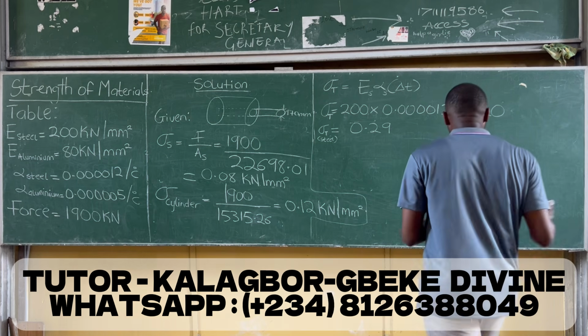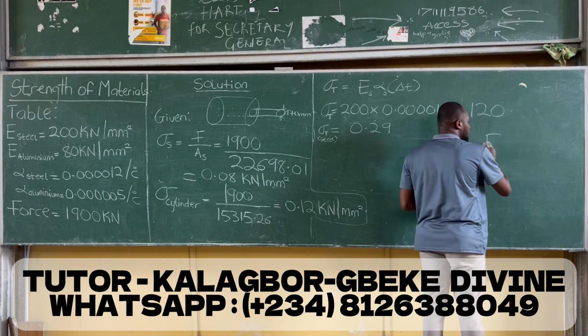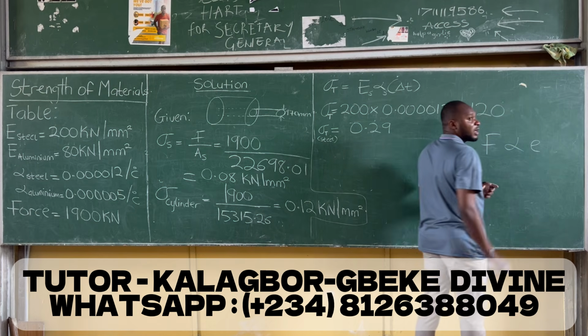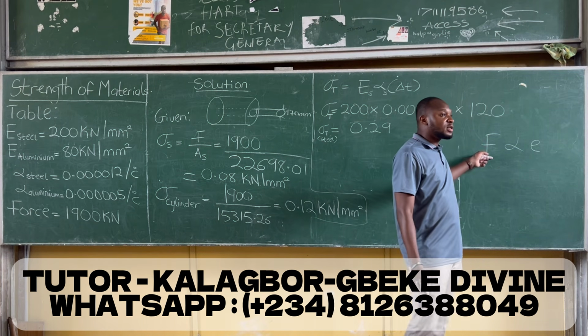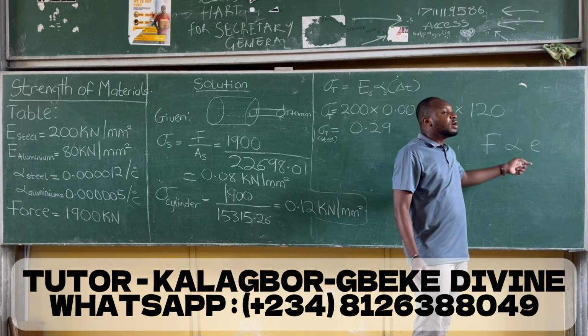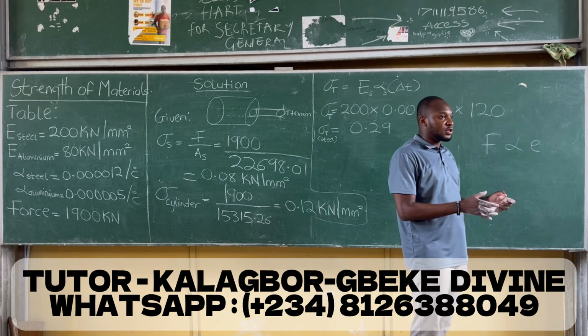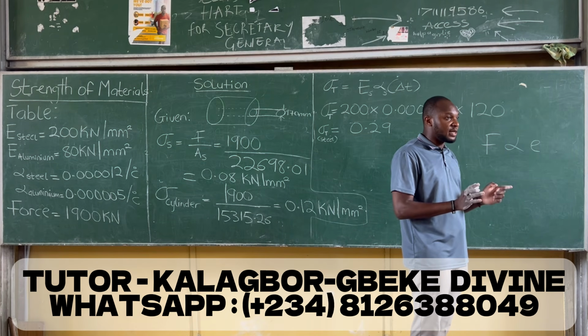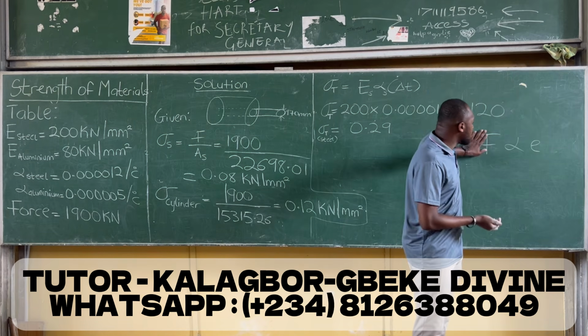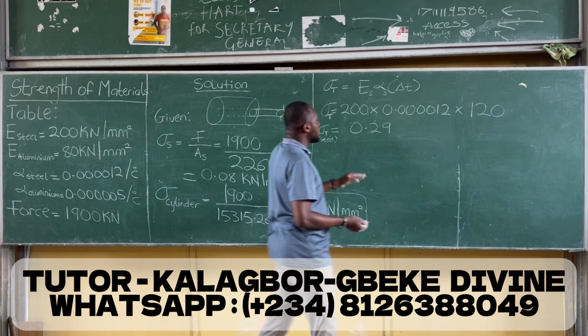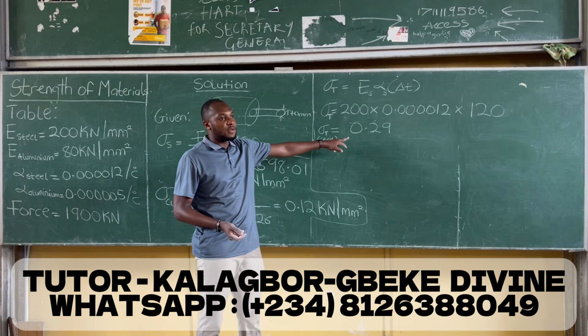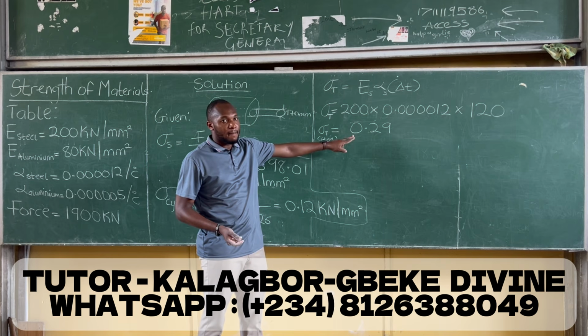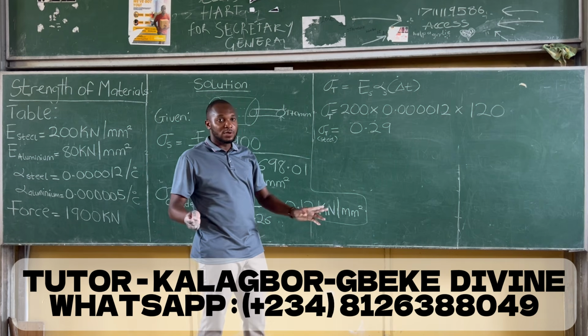Remember, I told you from Hooke's law, force is proportional to extension. So if the same force causes the extension, you have the same force. You get my point? Alright, so let's proceed. So this one, 0.29.